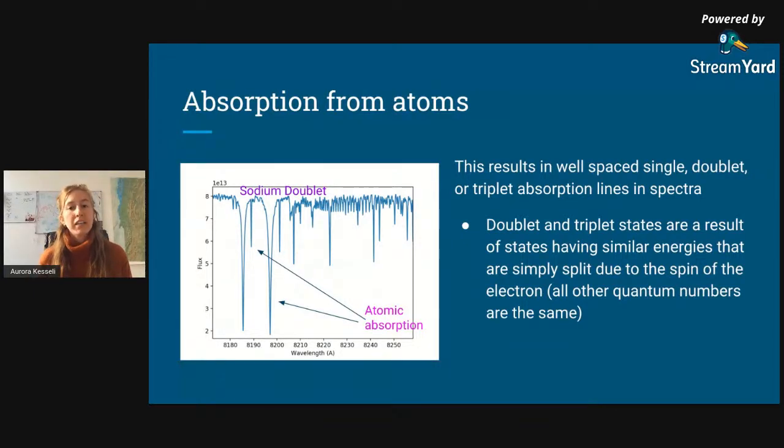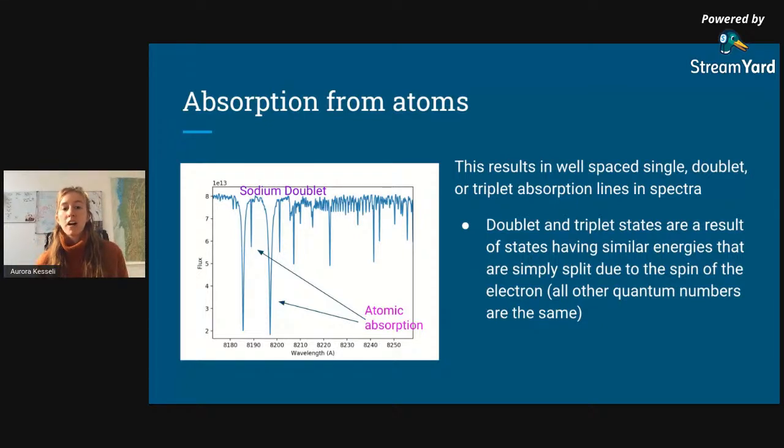And the reason that you can get doublet or even triplet absorption is because you have some states that have very similar energy levels. So the upper energy level is very similar, and it just has a slight difference due to the slight energy level differences due to the spin of the electron.